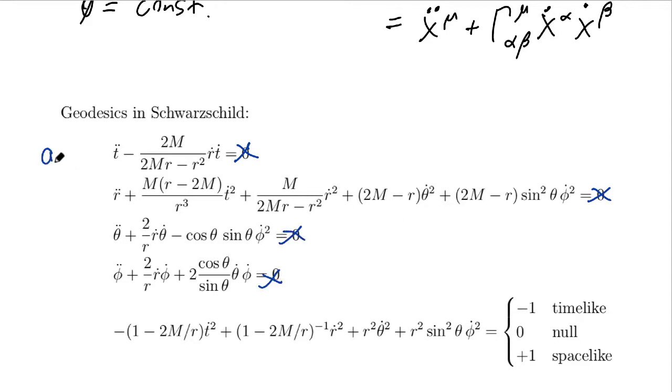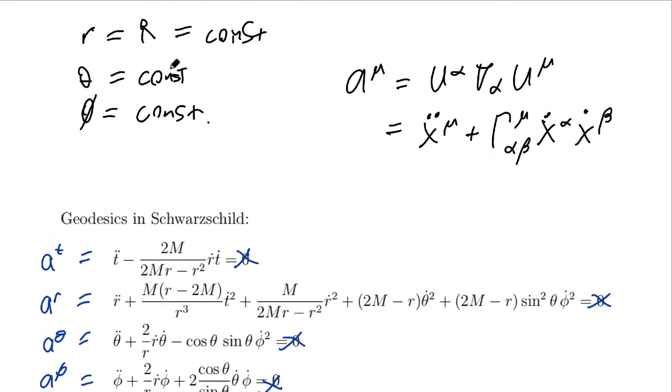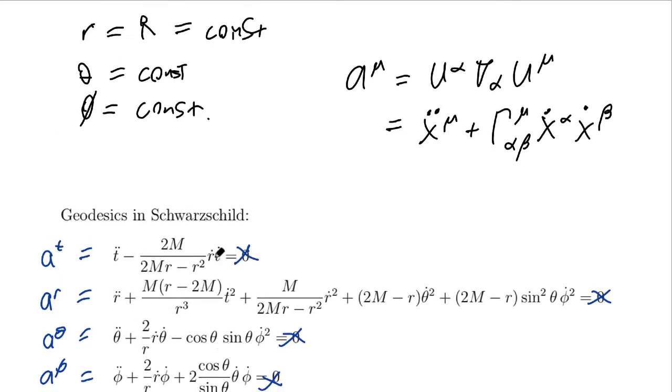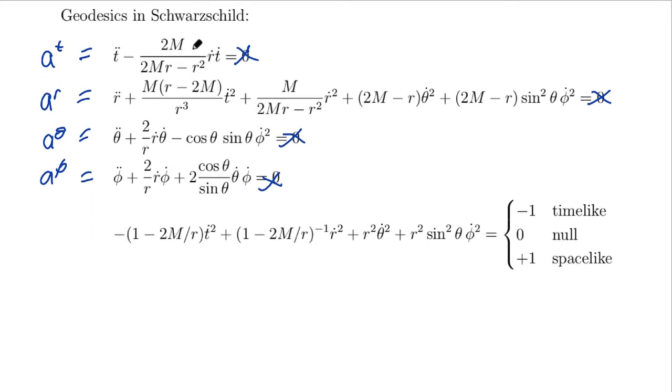This first equation is the t component of the acceleration. This is the r component, the theta component, and the phi component. Remember, we're setting r, theta, and phi equal to constants, so this term vanishes, all of these terms vanish.